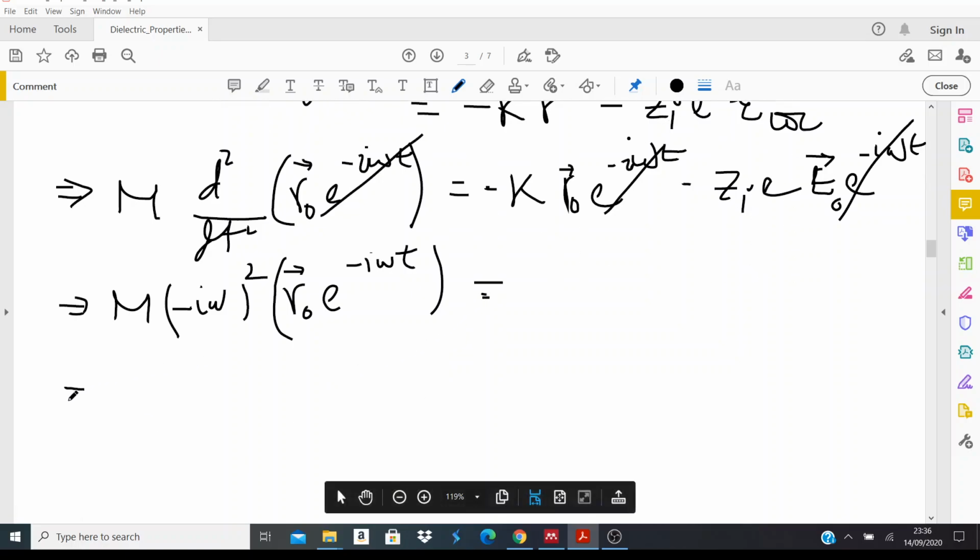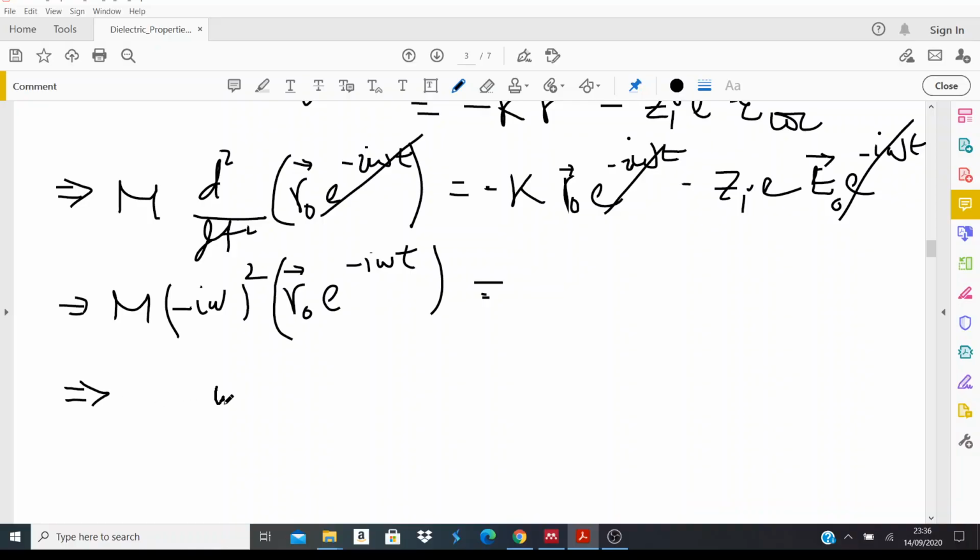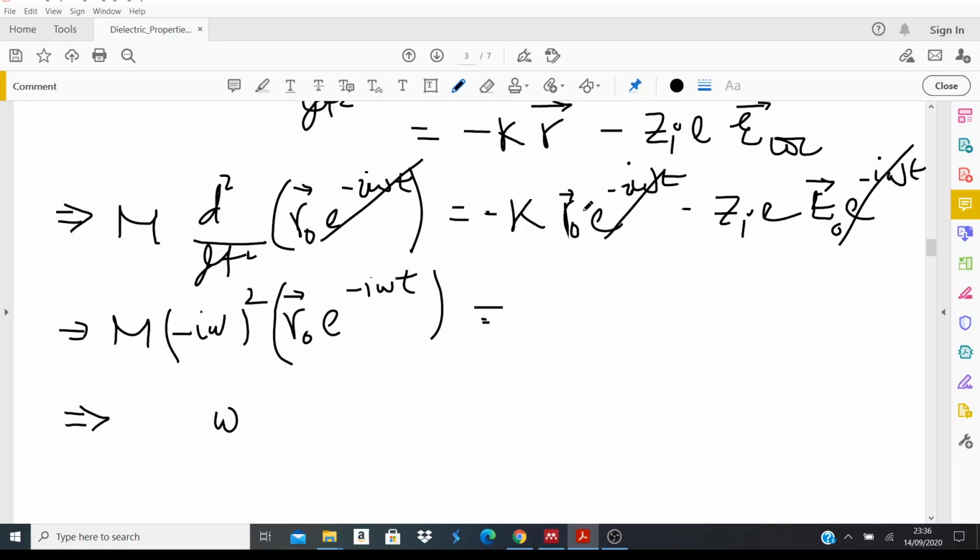Before that, let me just cross out the exponent term because it is present on both sides of the equation, and then let me bring the m and everything. I want to take this r naught, and we have an r naught here, right? So these two r naught, we have an m here.